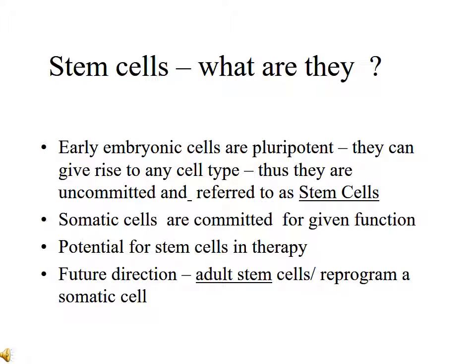Now, first of all, early in the embryonic stage, cells are often referred to as being pluripotent, which means that they can give rise to virtually any potential cell. Thus, they are uncommitted and referred to as stem cells.